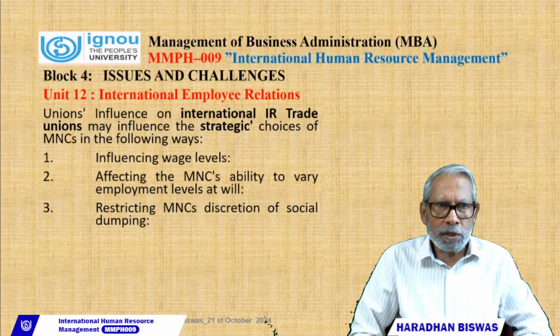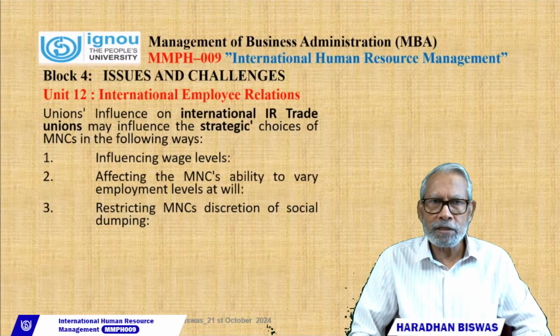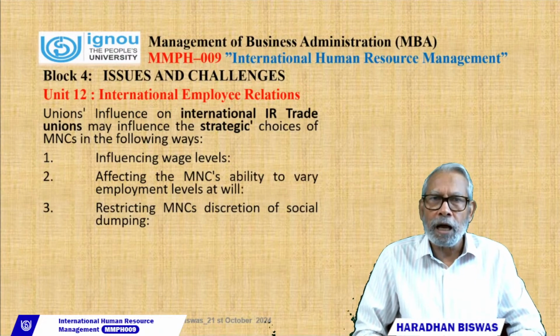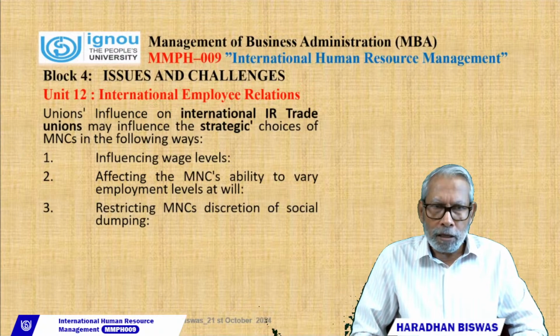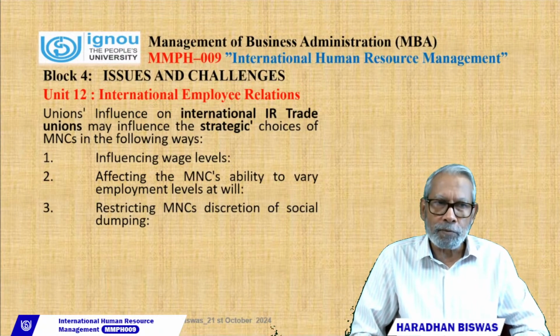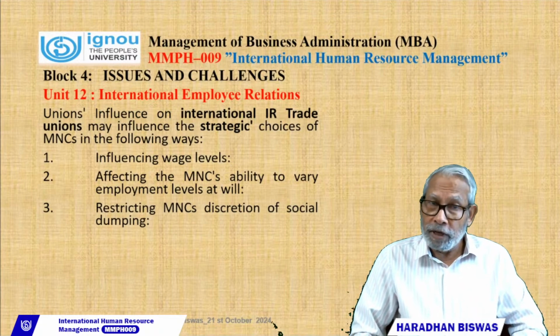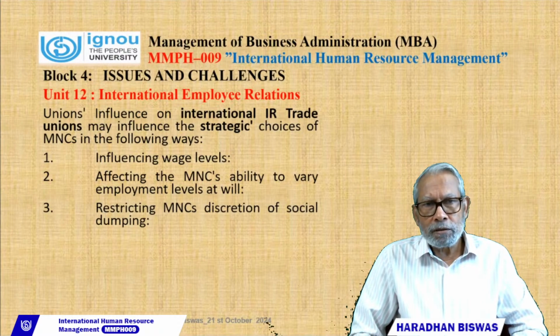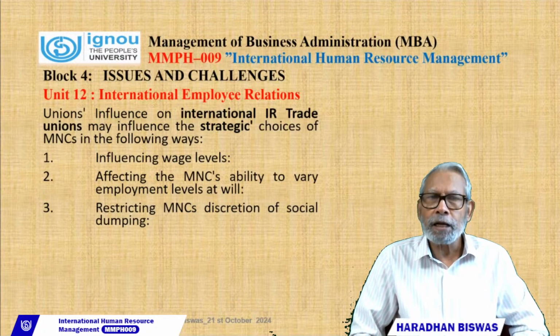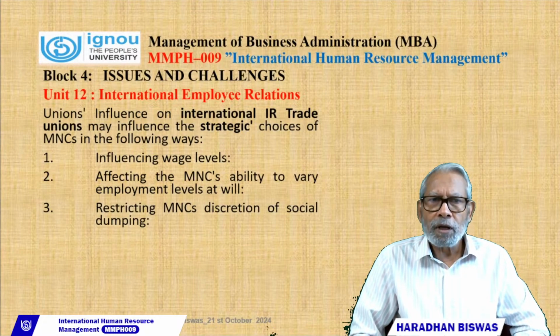Now, union influence is undoubtedly very important in international IR. Trade unions may influence the strategic choices of multinational companies in the following ways: influencing wage levels, salary and other compensation packages, and affecting the multinational company's ability to vary employment levels.